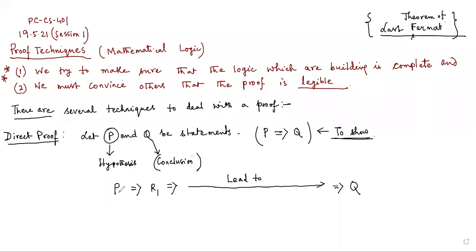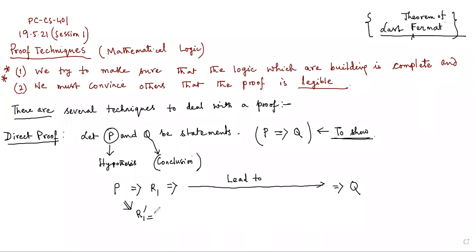Okay, because by the hypothesis capital P, if R1 can directly follow, there may be other statements which can also directly follow. So suppose from your mathematical statement capital P, there is another statement which follows directly, R1 prime.